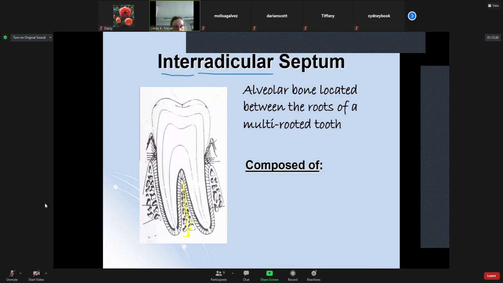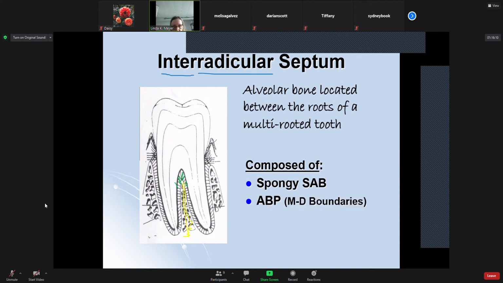Last week we went over the principal fibers that have the same name that attach to the coronal part of that interradicular septum, right in this area, in that bifurcation, trifurcation area. Just like the interdental septum, we can see the spongy bone shown in this diagram.